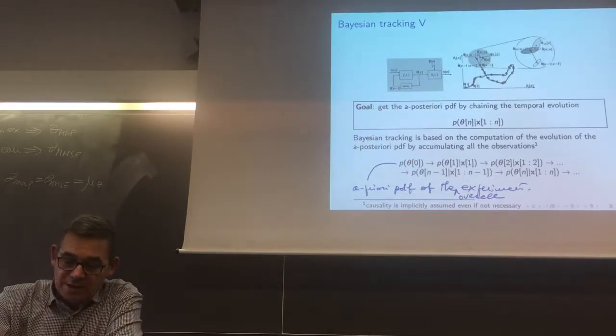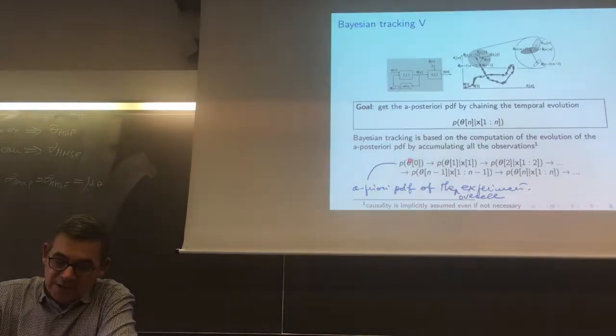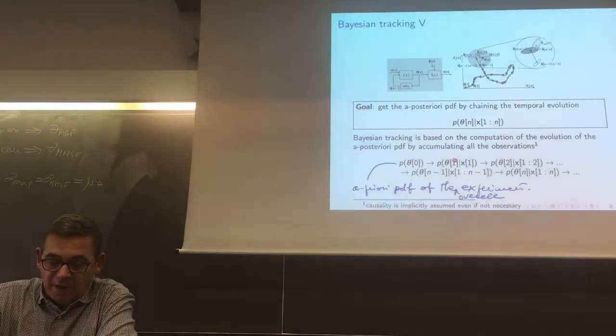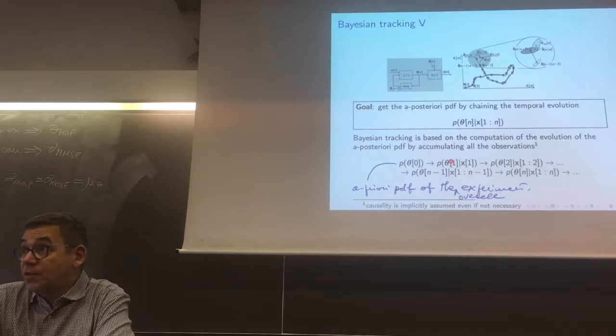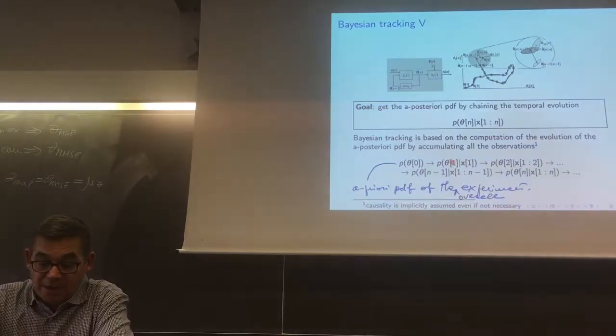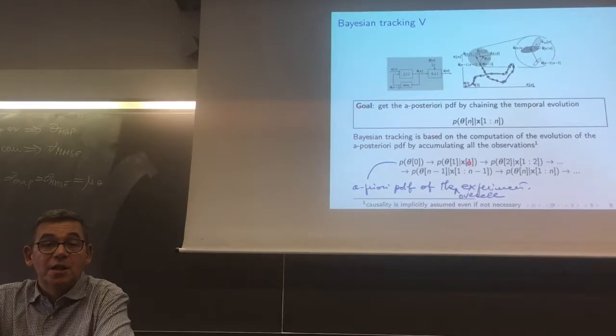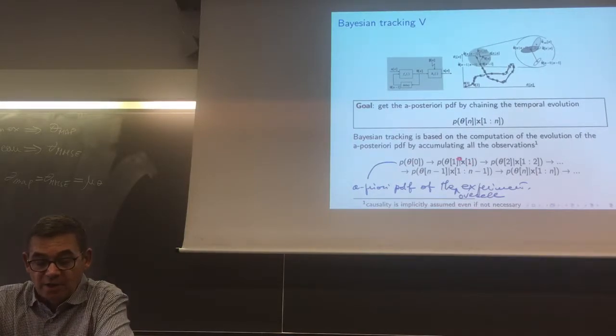Then, once I start with this a priori, what can I calculate? I can calculate the a posteriori at the first time sample using the data from the first time sample.